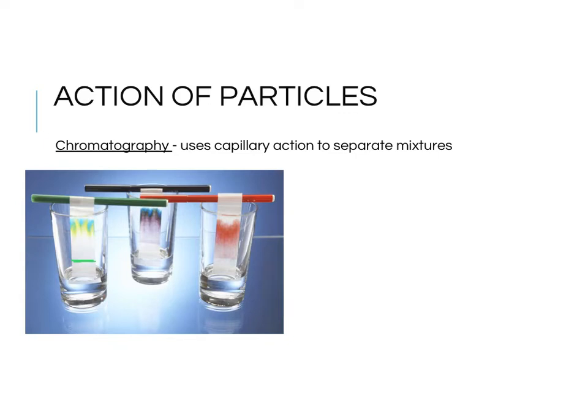It's working its way up the paper via capillary action, and it's carrying along with it some of those molecules of color, and we know that the color molecules are different sizes, so they're going to travel at different speeds, and so we're actually seeing those colors separate. All they did was take, say, a black pen, and you can see where that line was, and we could see those mixtures start to separate.